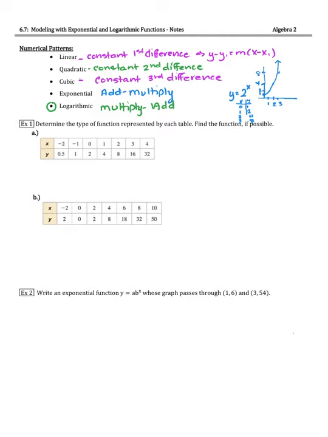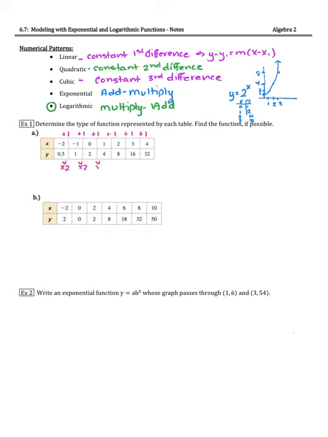Okay, so we're going to look at some data here and see if we can tell what type of function we have. So this first one, notice I'm going up by 1, so it's all good, up by 1. So we are adding in a constant rate on the first half. This bottom one, as you look along the row of the y values, it looks like we're multiplying by 2 each time.